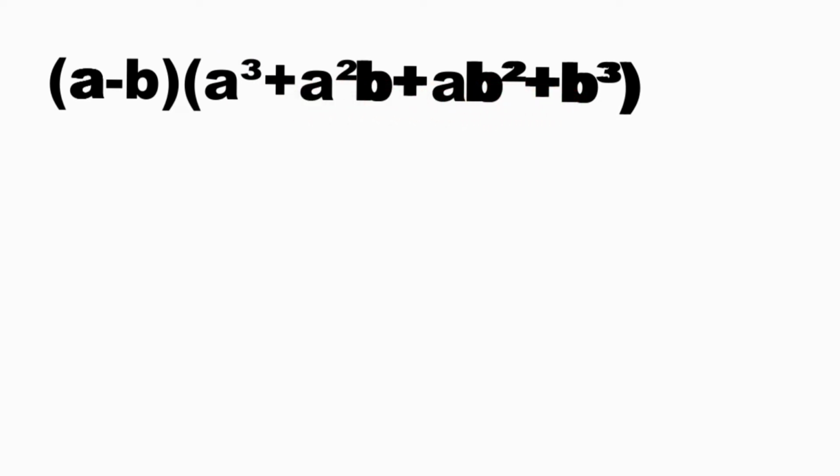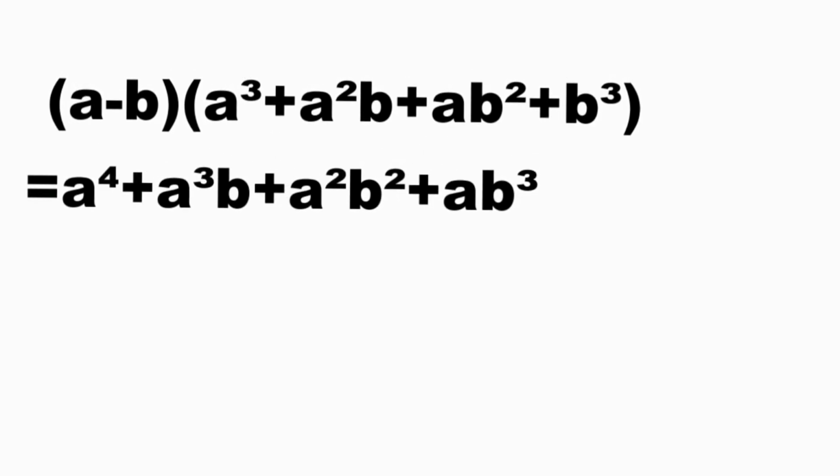So multiplying, we have A times A cubed is A to the fourth. A times A squared B is plus A cubed B. A times A B squared is A squared B, and lastly A times B cubed is A B cubed.